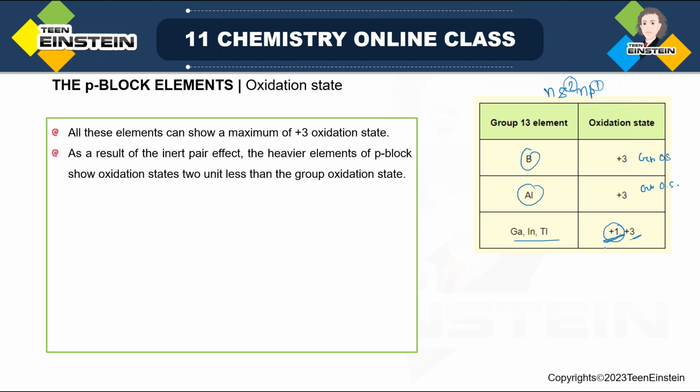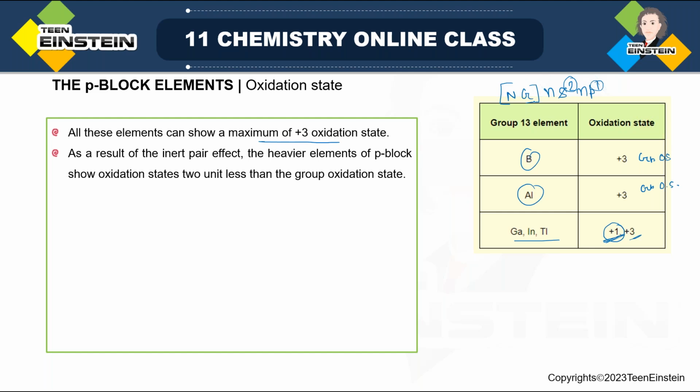That means in these 3 elements, single electron removal from np may happen. All these elements can show a maximum of +3 oxidation state. If you ask why not more than that, more than +3 is not possible because in that case you have to break the noble gas configuration, which is not possible. So this is the maximum oxidation state you can have for this group.